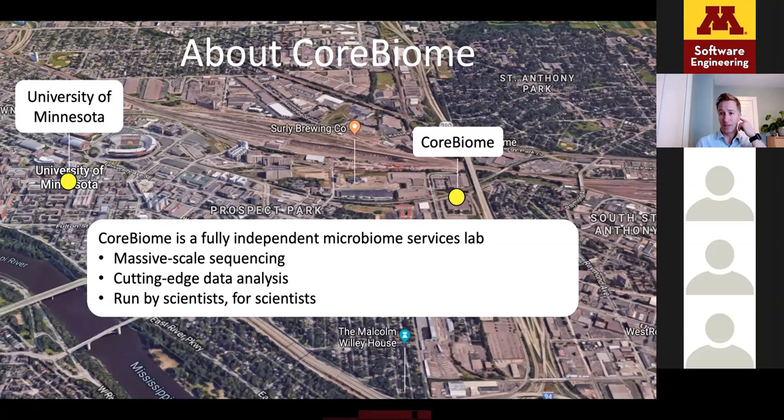It was trying to sell cheaper data so that people could run big studies and get more signal. It was kind of the inverse of what some labs were doing, where they'd try to charge as much as they could for the data. We were trying to drive the cost down so that people could run bigger and bigger studies.